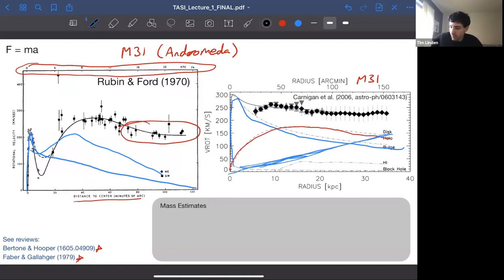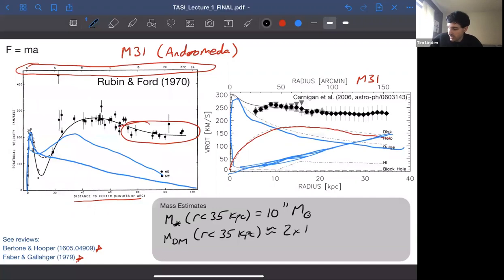And for M31, they get that the mass of the stars at a radius of less than 35 kiloparsecs, because you care about the mass that's constrained within this region, is about 10 to the 11 solar masses. The mass of this new dark matter component at the same R, less than 35 kiloparsecs, is around 2 times as much, 2 times 10 to the 11 solar masses.